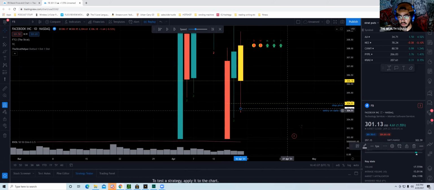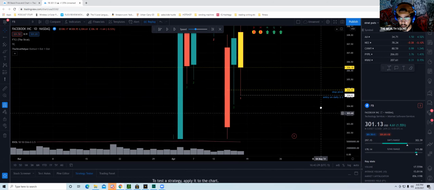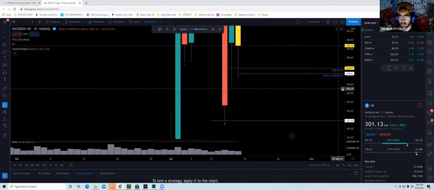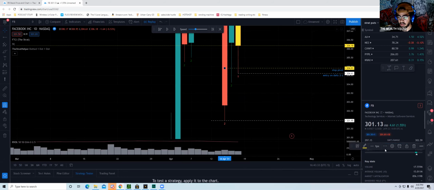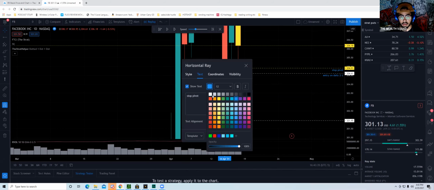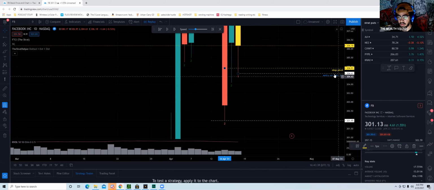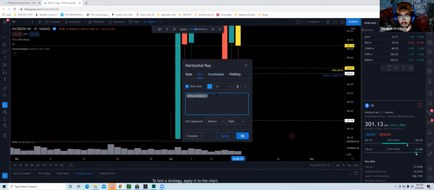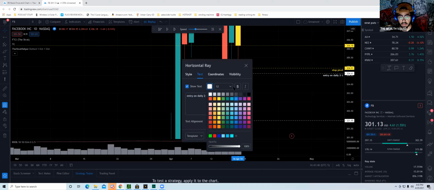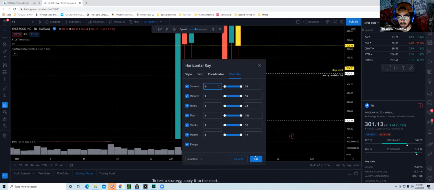One entry on daily. All right. Matter of fact, let me change that to that color. Change that to yellow. Boom. Stop pivot. Change this to white so they color coordinate.